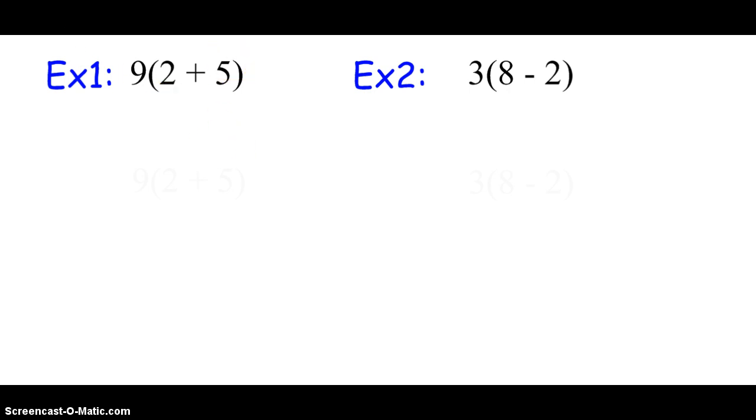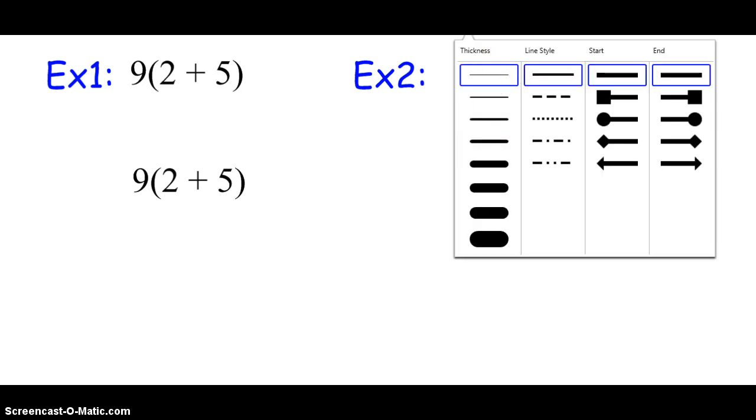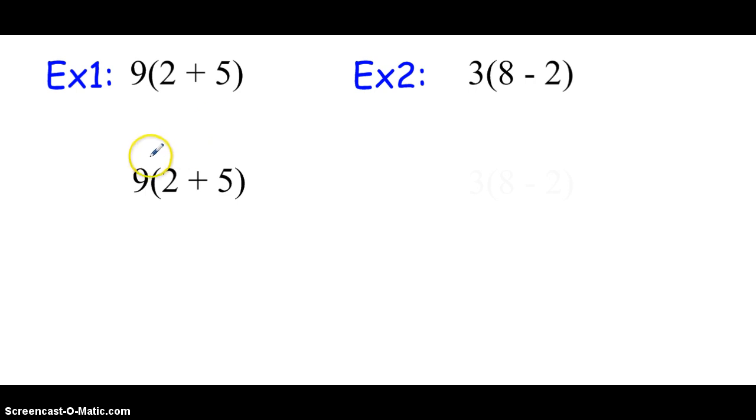Okay, if you have unpaused your video, then I am going to assume that you have solved the first of these two expressions, which is 9 as a factor times the addends of 2 plus 5. That literally means that we're going to give the 9 to the 2, and then we're going to give the 9 to the 5. And remember, this is a multiplication relationship because we have a factor outside of our parentheses.